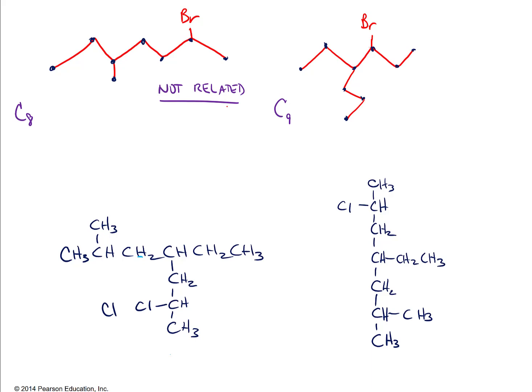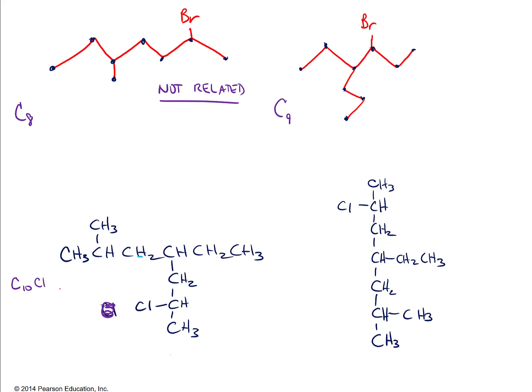What about down at the bottom? What is this? Oh, it's just sticking there. Why did I put that there? Okay, so just squiggle that out. It's like a random chlorine was floating around. 1, 2, 3, 4, 5... 10 carbons and 1 chlorine.